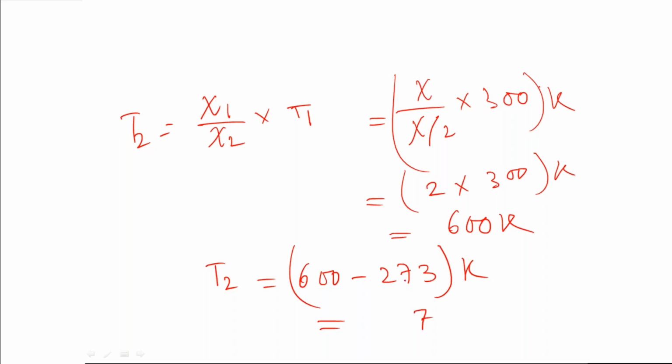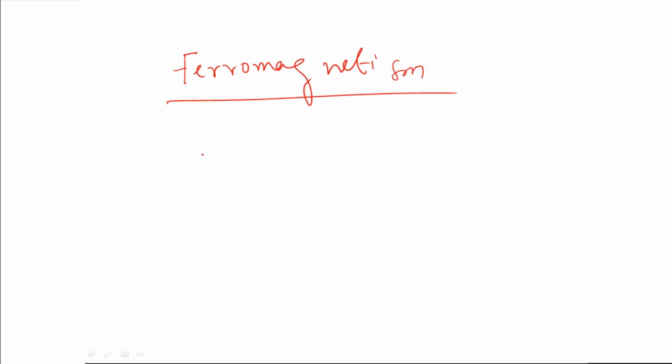Now you have to express this T2 temperature in degree centigrade, so you have to subtract 273. This is the temperature at which the susceptibility will become chi by 2, if at 27 degree centigrade the susceptibility is chi. This is how you have to use Curie law.